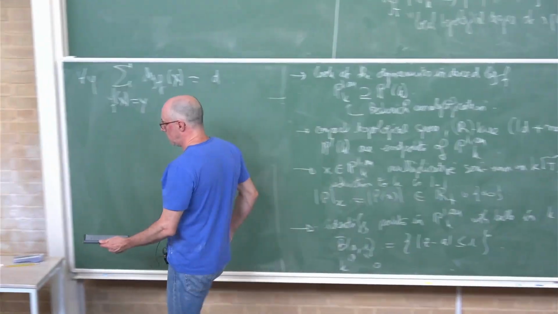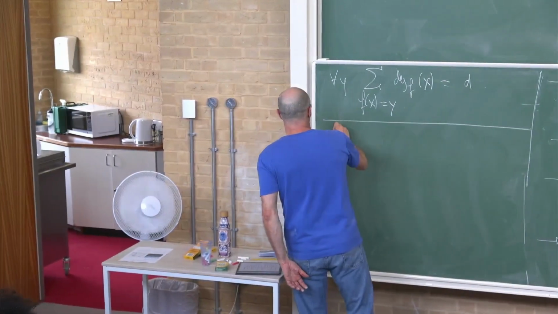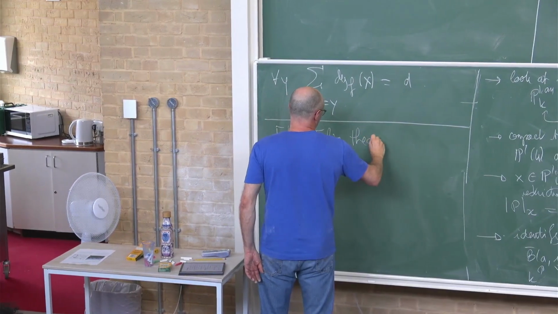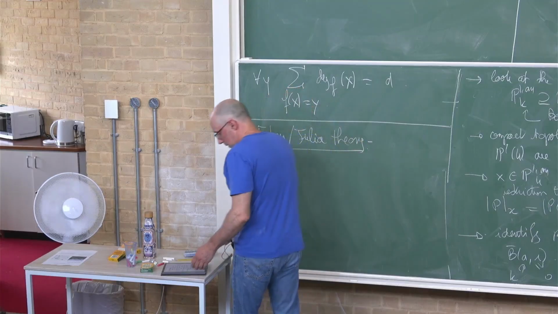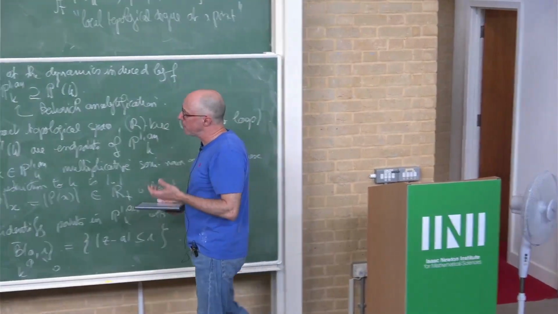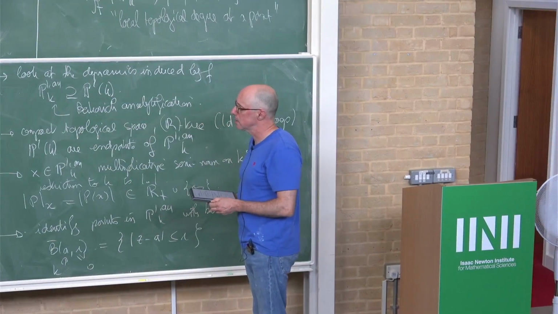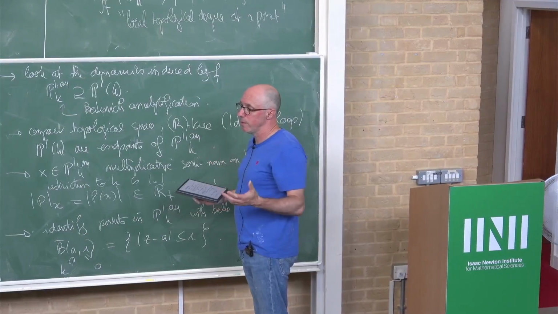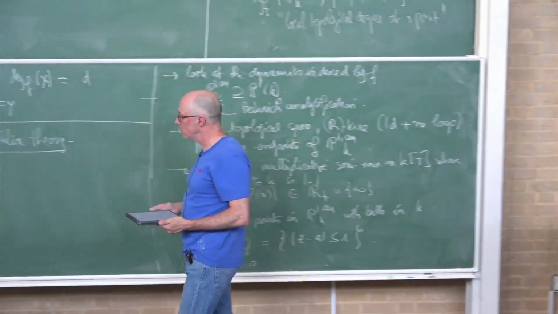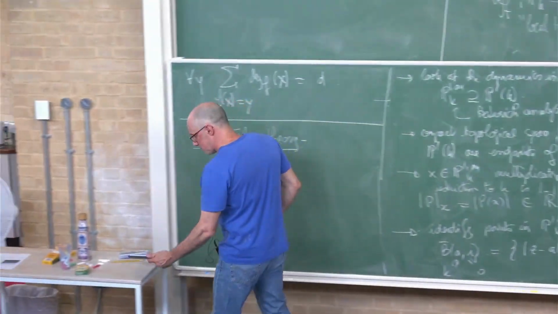Okay, so now I want to introduce some basics in Fatou-Julia theory. The natural thing to do would be to copy the definition from the complex case, starting with normal families. One can do that, but it's not the way I'm going to introduce the Fatou and the Julia set.